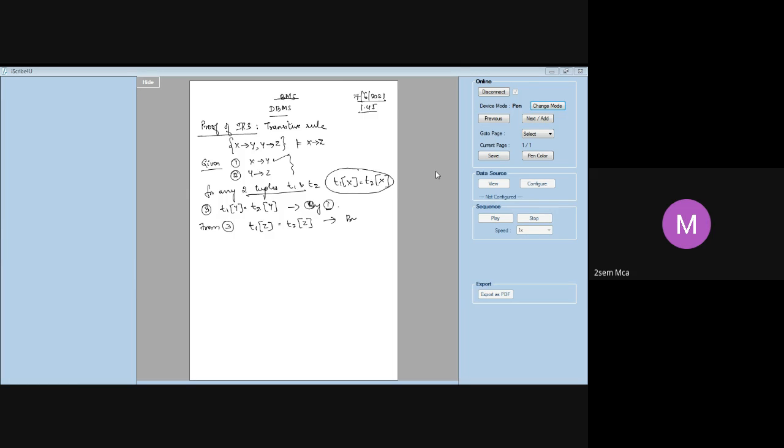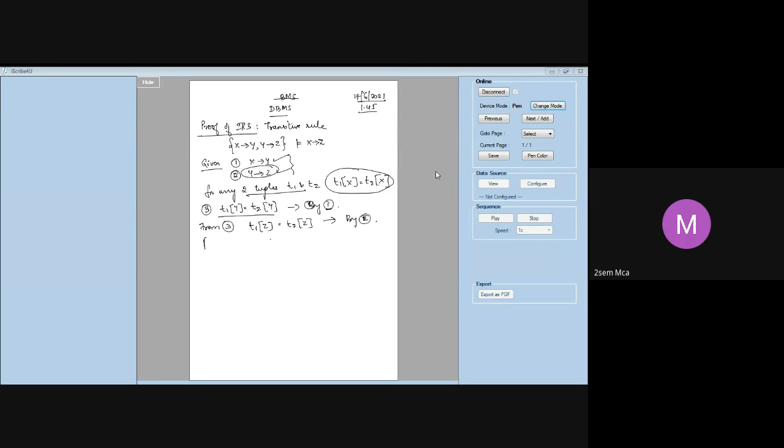This is by our second point that is given to us: Y determines Z. By the definition of functional dependency, T1 of Y equal to T2 of Y means T1 of Z should also be equal to T2 of Z. That is the definition of Y determines Z. From the third point, we have seen already that T1 of Y is equal to T2 of Y. Now, since T1 of Y is equal to T2 of Y, we should also have T1 of Z equal to T2 of Z.